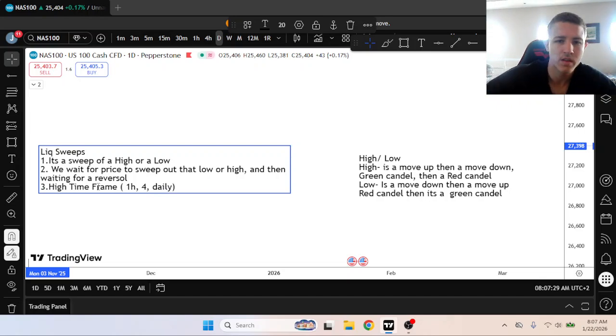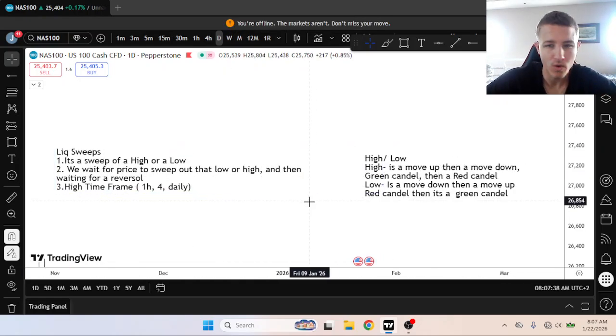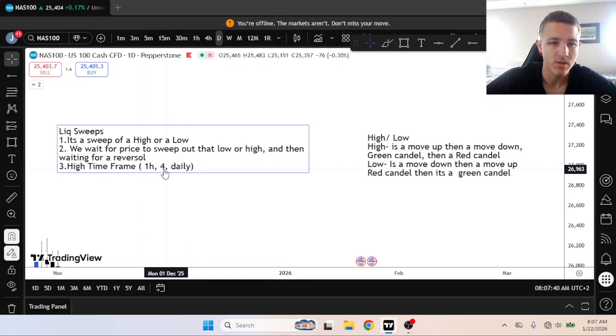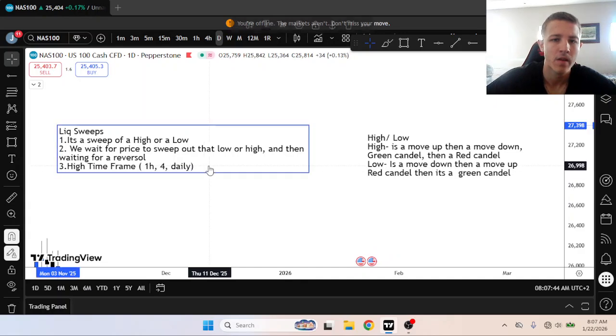Those are the highs and lows that you need to mark out. So before any trade session, you mark out the 1 hour, 4 hour, and daily highs and lows.